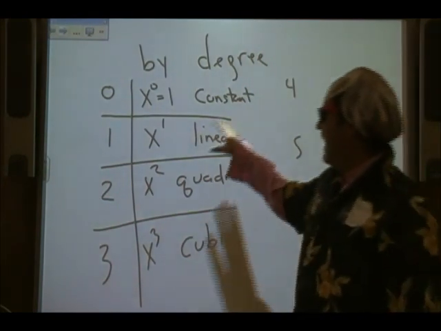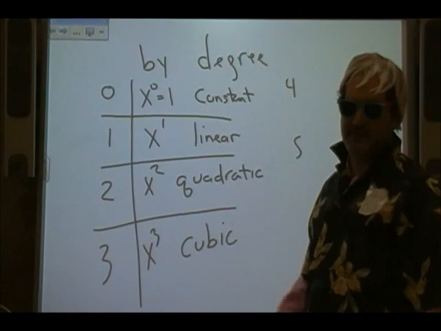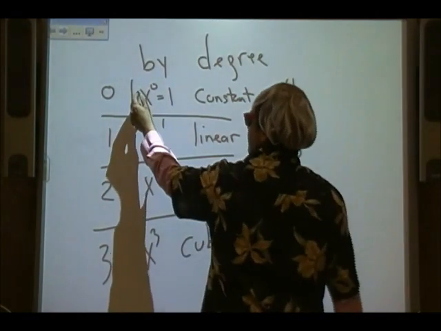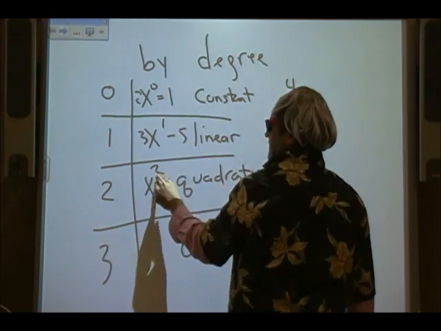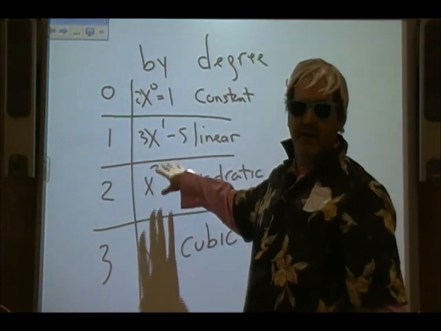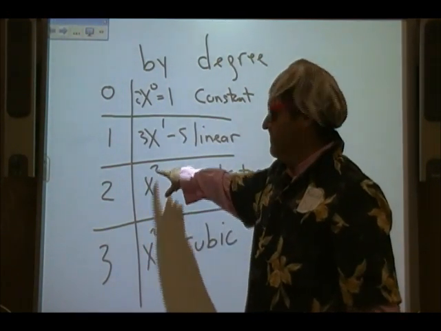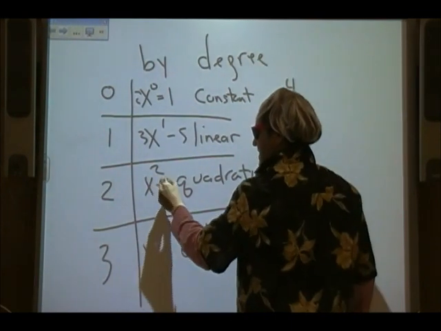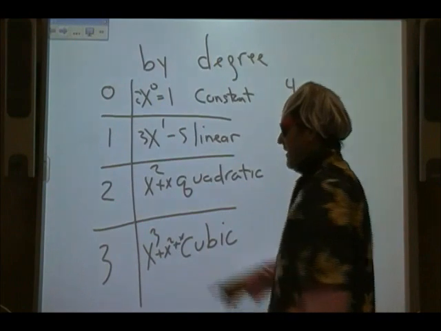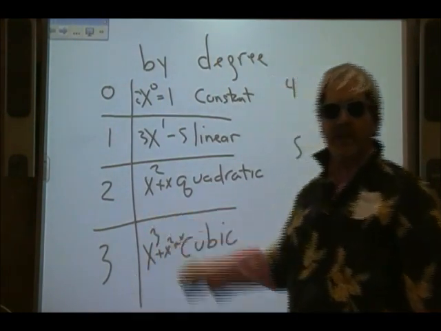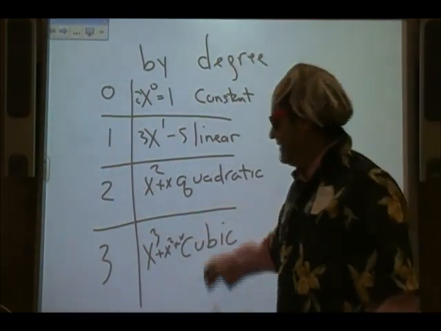Okay? And you can attach anything to these. You could put a 2 in front, you could put 3, you could put a minus 5, as long as the highest power of the variable is that number. You could put another x here, I could put an x squared and an x. As long as the highest power of that variable is 3, it's cubic.